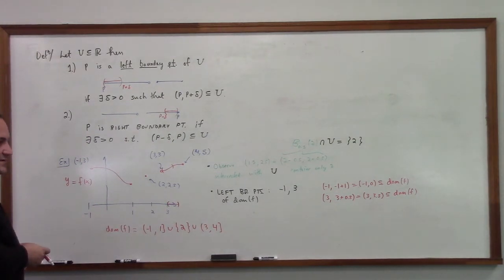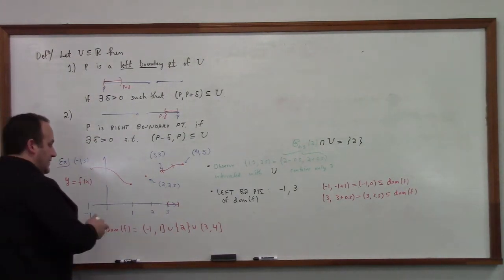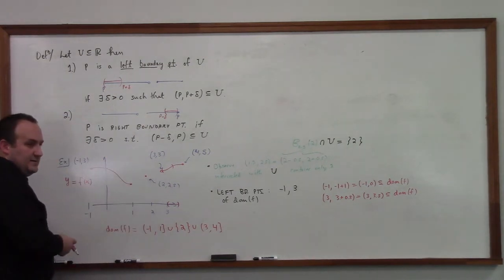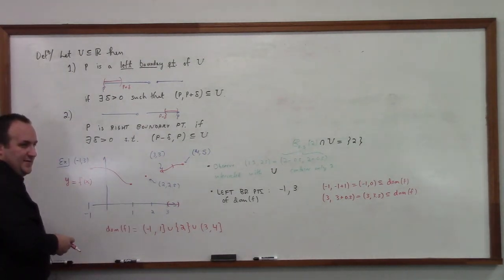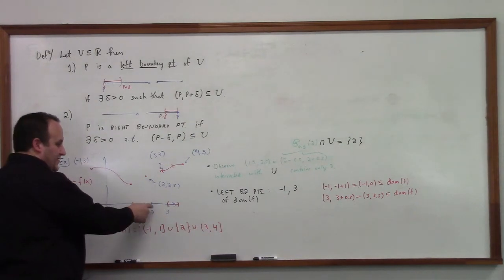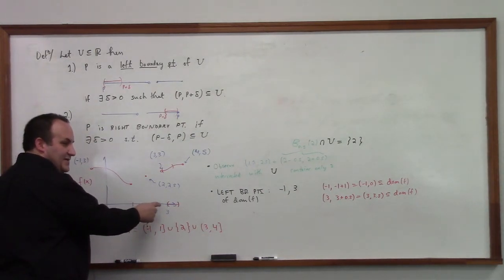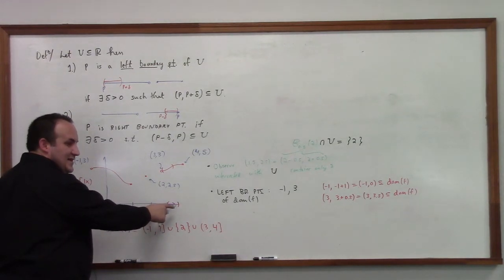Well, if you can't find such an open set, then it's not a left boundary point. For example, 2 is not a left boundary point, because it's isolated, but more to the point, because I cannot pick a delta. If you make delta big enough to get points in the domain except for 2, what happens? You get over to 3, right?